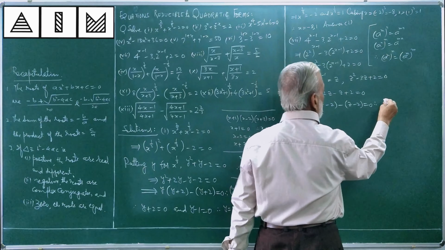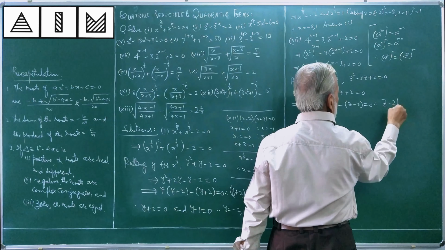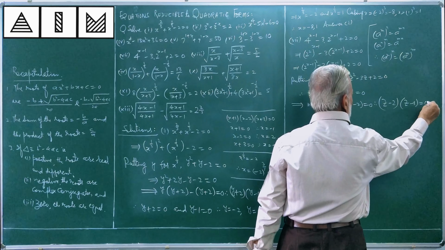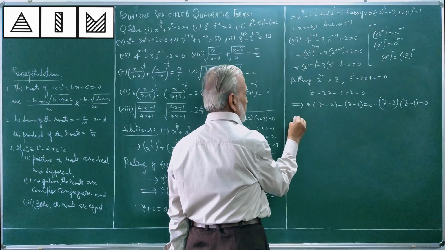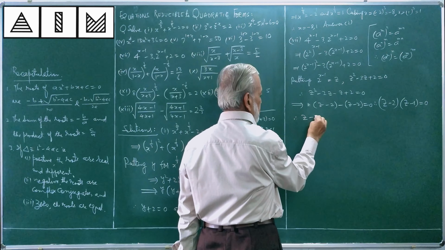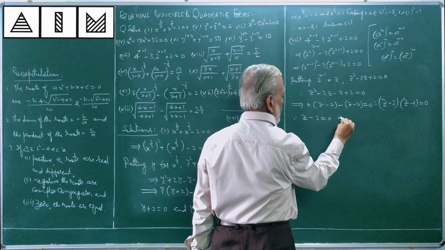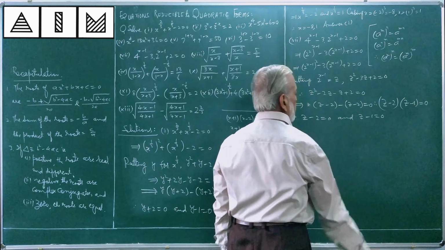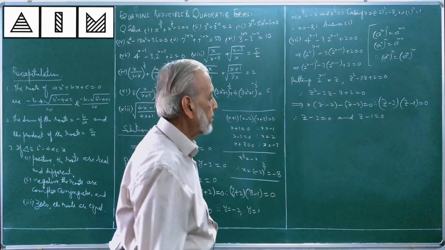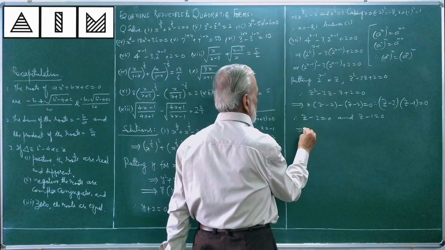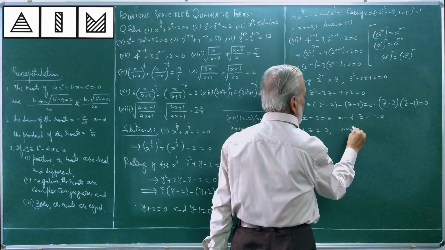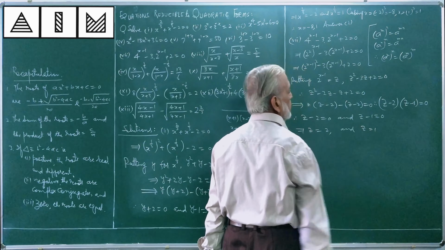This leads to z minus 2 into z minus 1 is equal to 0. Without any explanation, z minus 2 is equal to 0 and z minus 1 is equal to 0. You may write or also, no problem. This is z is equal to 2, z is equal to 1.